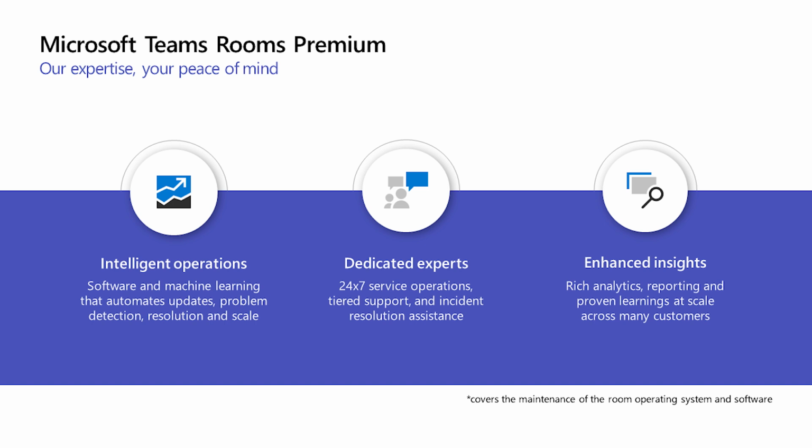Our expertise, your peace of mind, that really is the core value of this service. We are providing the peace of mind that we have got this for you. Now, I want to talk about these three elements of the service and how they work together to deliver that peace of mind. First, we have an intelligent system that is always learning, that constantly monitors all important signals from your rooms. It manages your rooms and even resolves certain issues automatically.